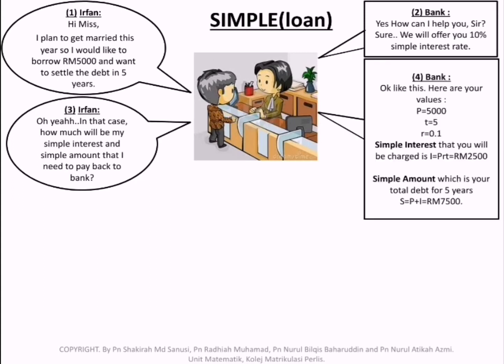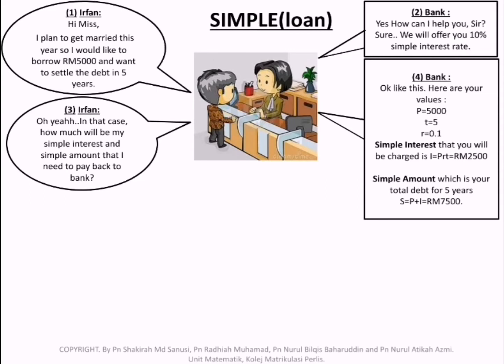Okay, like this. Here are your values. Your P, which is your principal value, is RM 5,000. Your T is 5 years. Your simple interest rate, R, equals 0.1. So the simple interest that you will be charged is capital I equals P times R times T, which will be 2,500 ringgit.